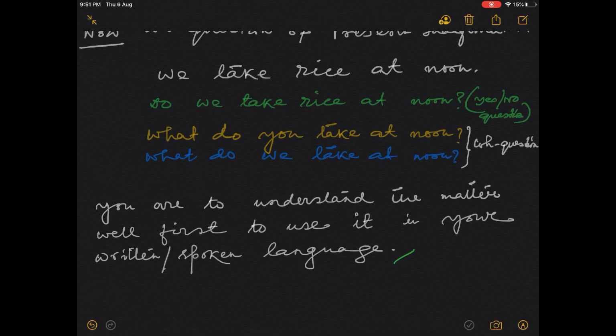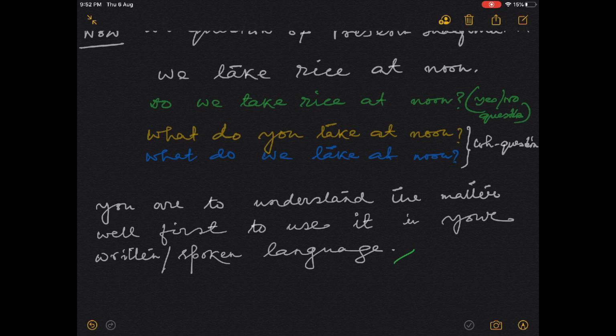So, up to this, you learned how to make questions and WH questions of present indefinite tense, and how to use the syntax of present indefinite tense. That means the scope of use of the syntax of present indefinite tense. If you learn this first lesson well, carefully, with all attention, all the other tenses will be easy for you.